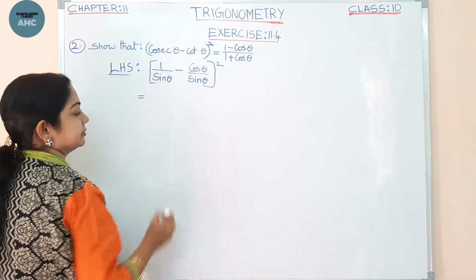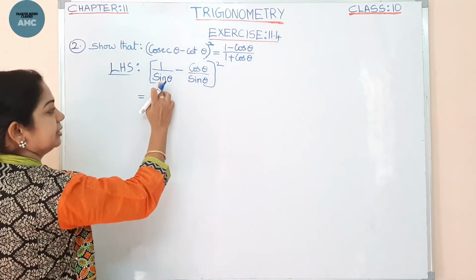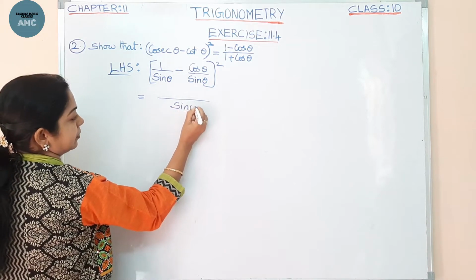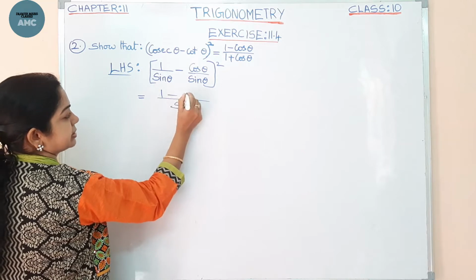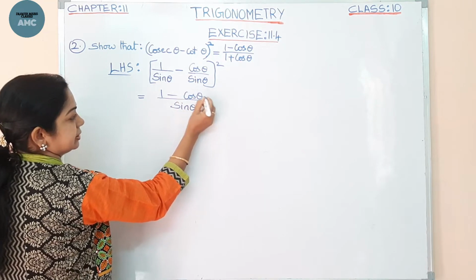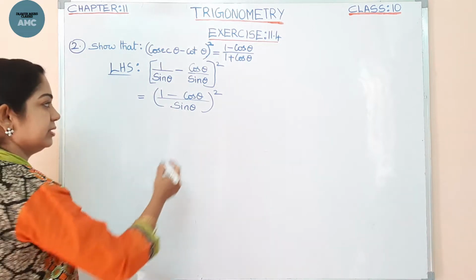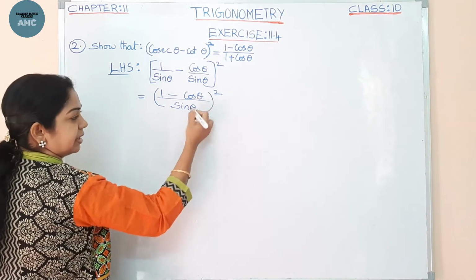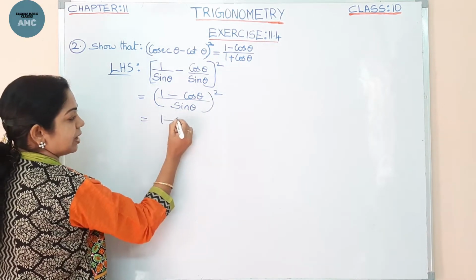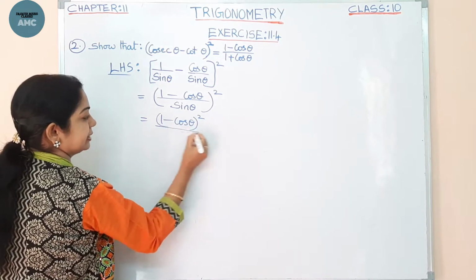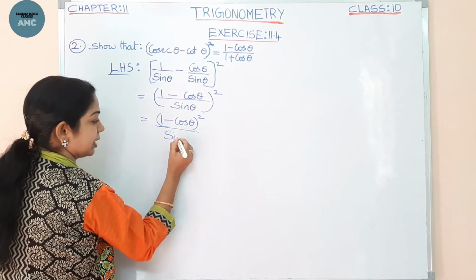Now, let us take the LCM here. The LCM is sine theta. So, 1 minus cos theta, with the square. The square will go to the numerator and the denominator part. So, 1 minus cos theta whole square by sine square theta.